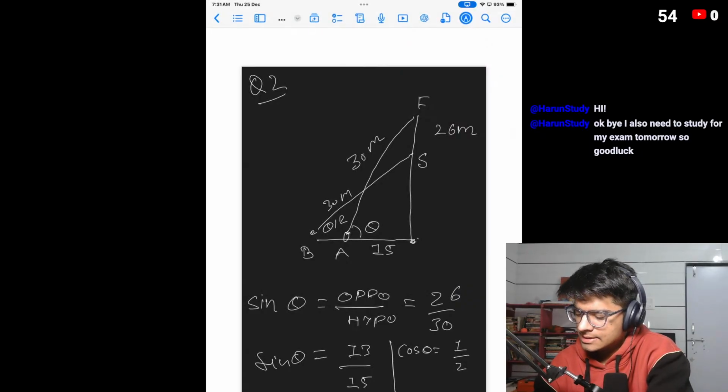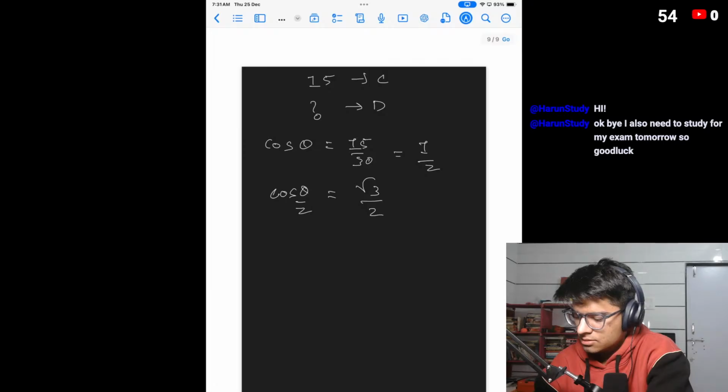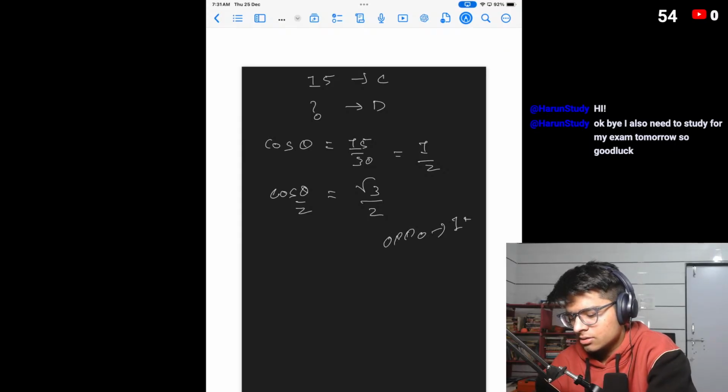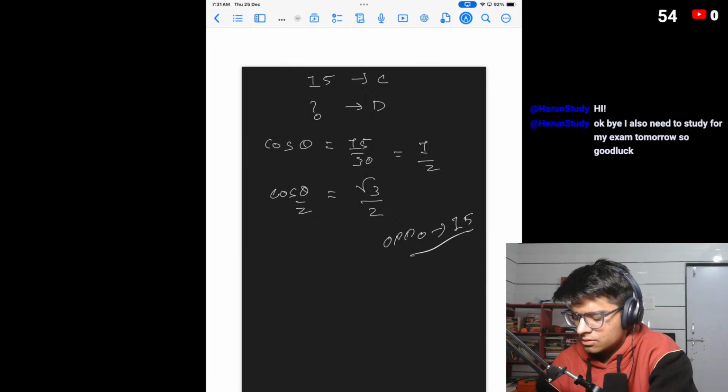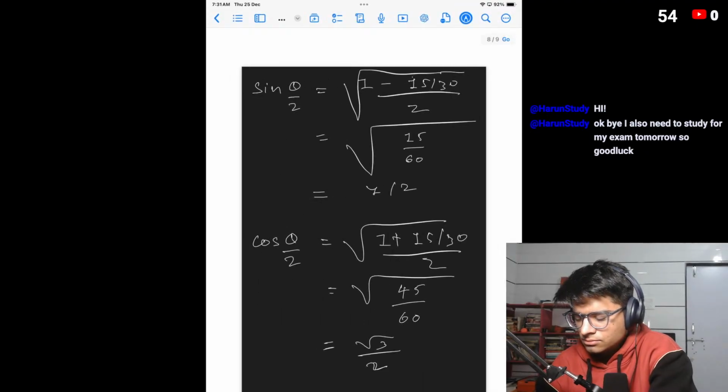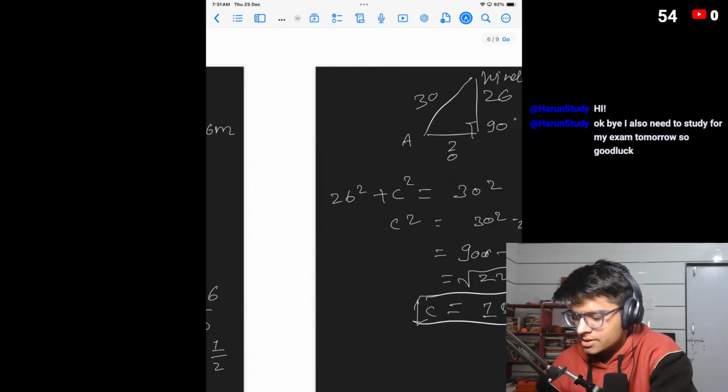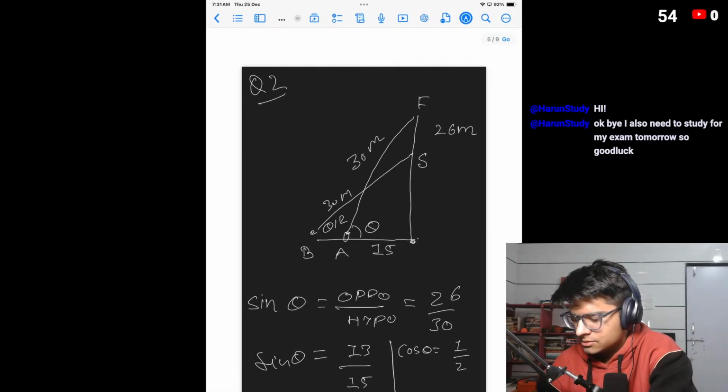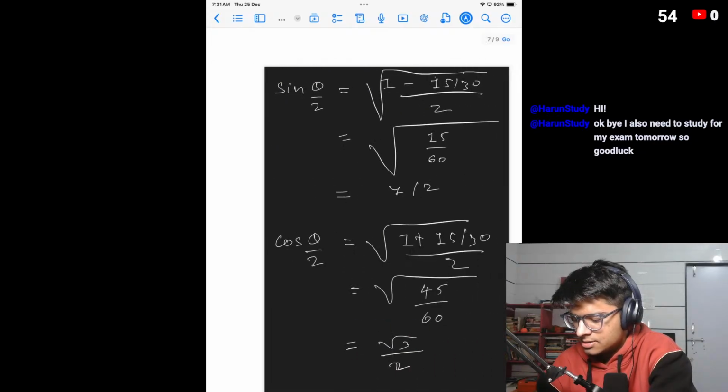Now if this thing is 30, which is hypotenuse is 30, then we can say that side opposite is 15. We need to find adjacent side's length.